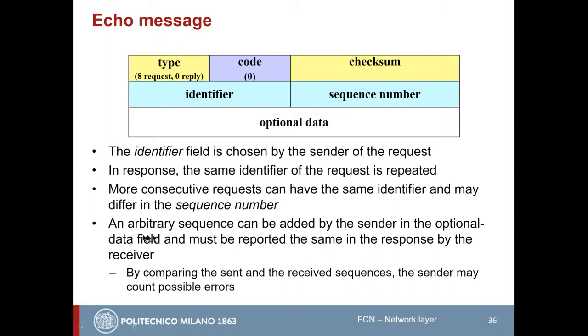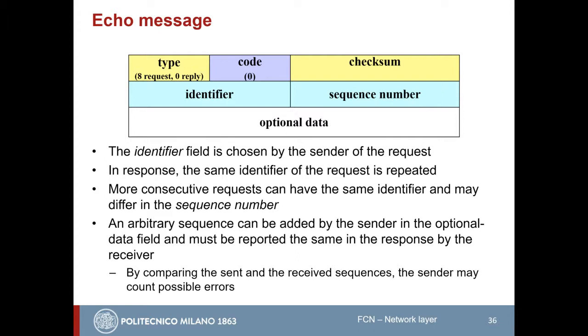There is an identifier which is chosen by the sender, and the identifier is repeated in the response in order to match request with response. And also, since more consecutive requests can be sent using the same identifier, we have also a sequence number, so that each response will also be correlated to a specific request number in the sequence of requests.